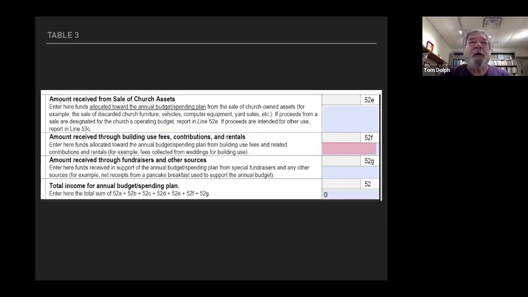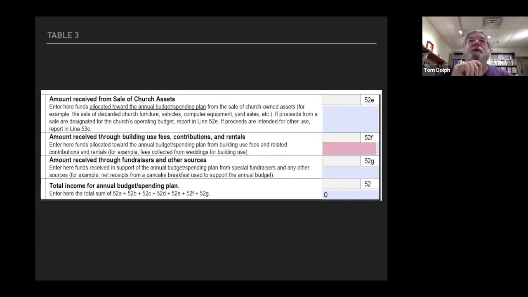Same for building use fees, donations for the use of the building, contributions. For example, our church receives a gift from the AA groups that meet here. It's not really an ongoing thing, but we don't charge them for use of the building, but they contribute. That goes here.